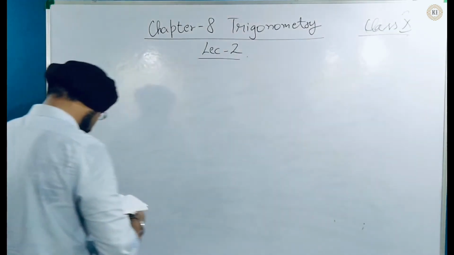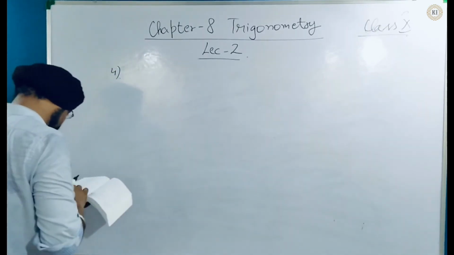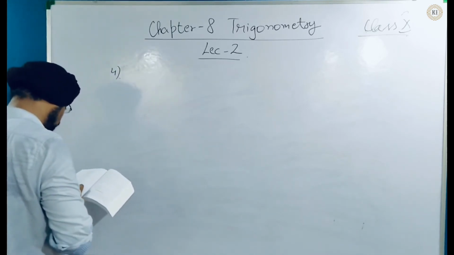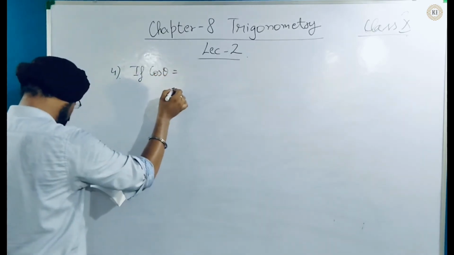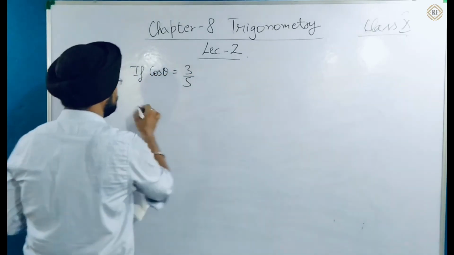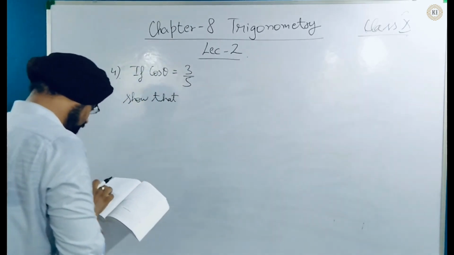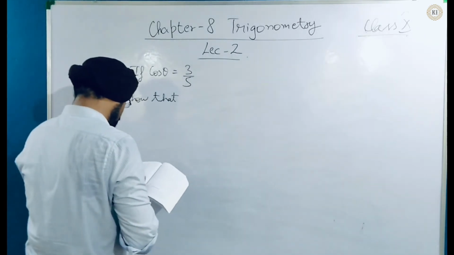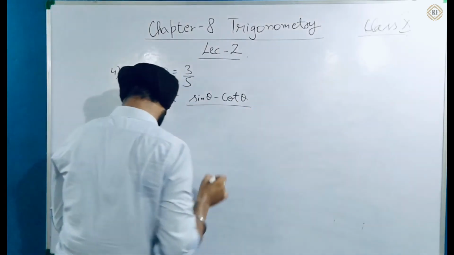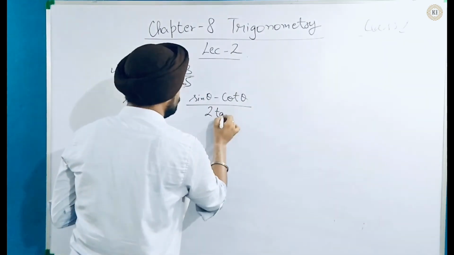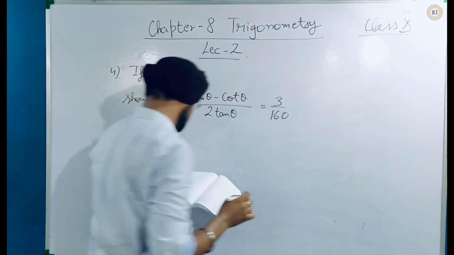Question number 4 is given as: if cos theta is equal to 3 upon 5, then show that (sin theta minus cot theta) upon 2 tan theta is equal to 3 upon 160.